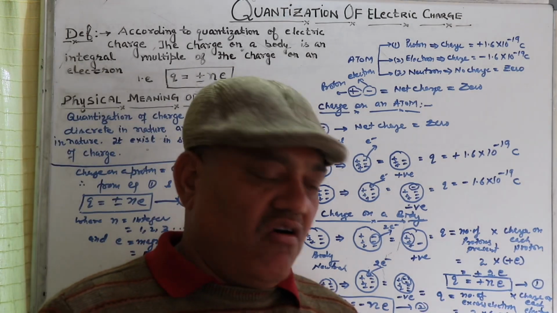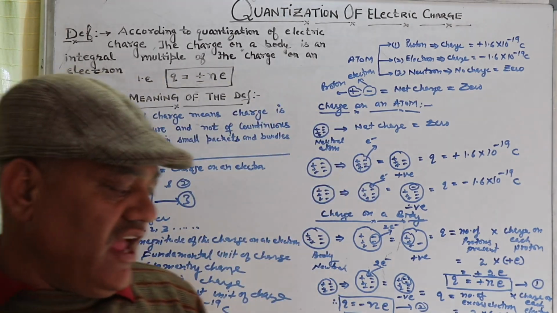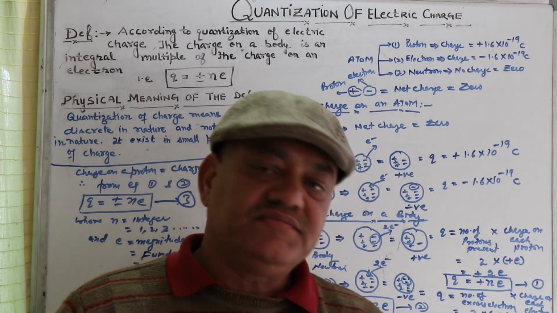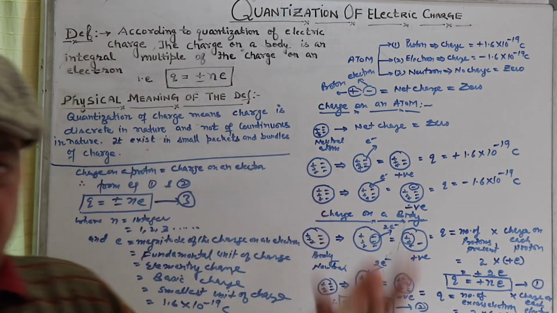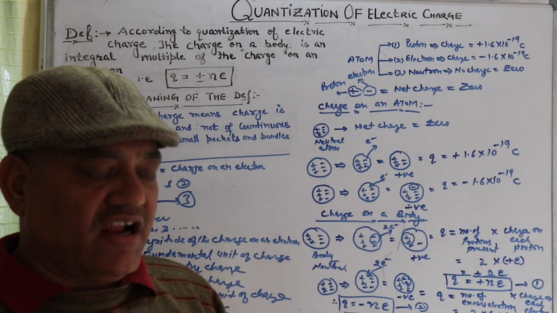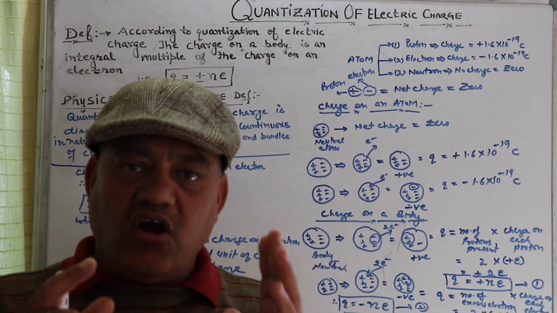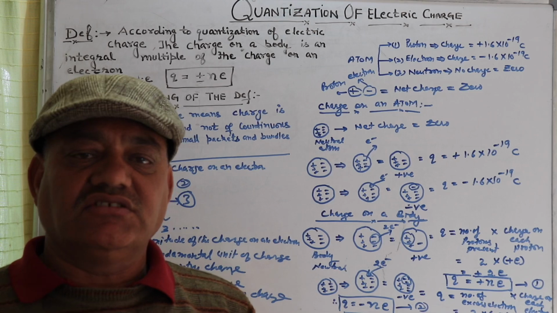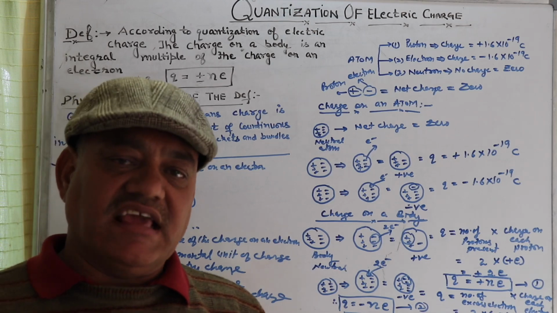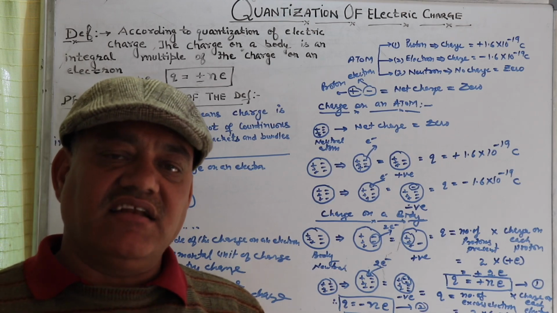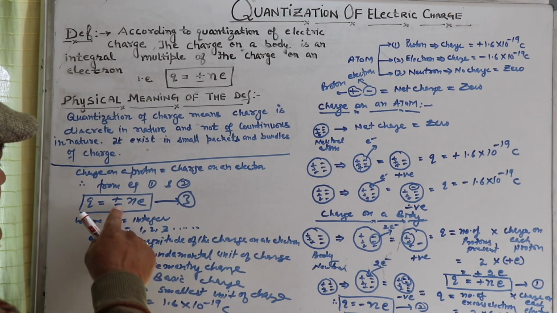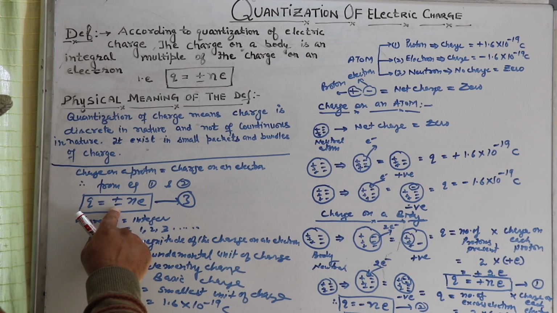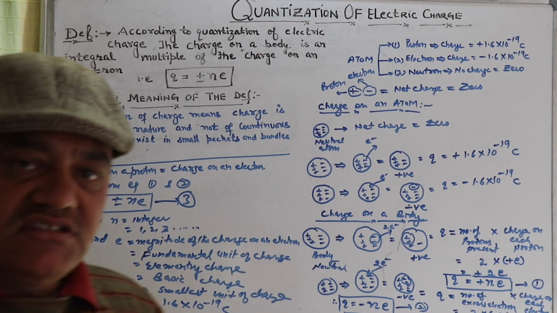Again, listen to the definition: according to the quantization of electric charge, the charge on a body is plus minus integral multiple of the charge on an electron, and this is the mathematical definition of quantization of electric charge.